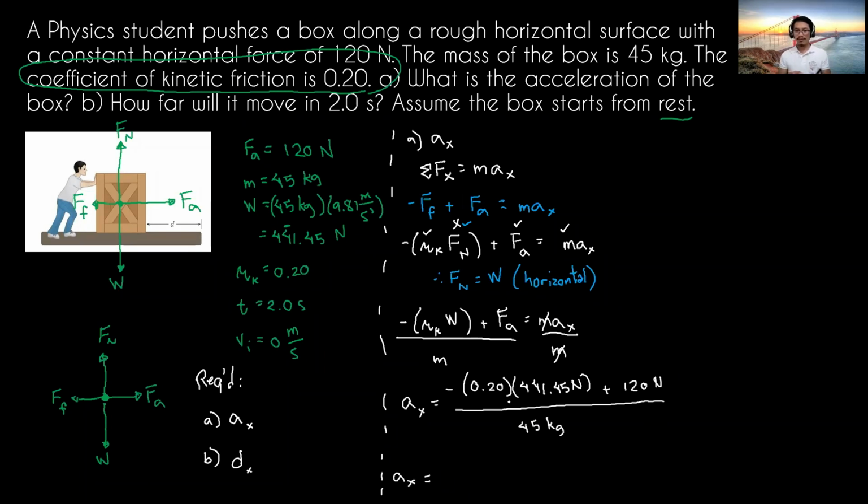What is 0.20 times 441.45? That will give us a negative 88.29 Newton plus 120 Newton all over 45 kilograms.